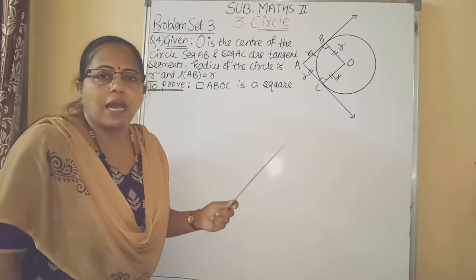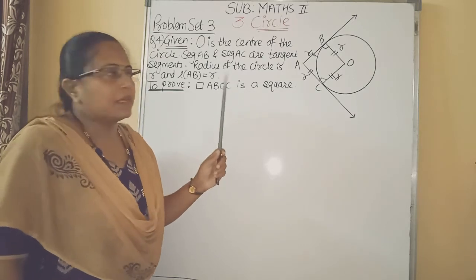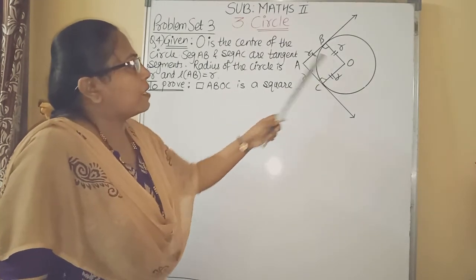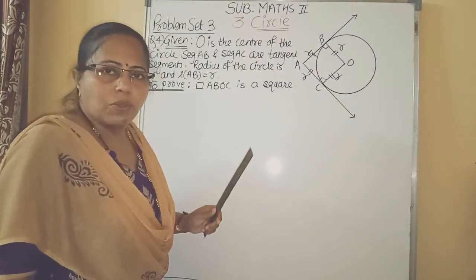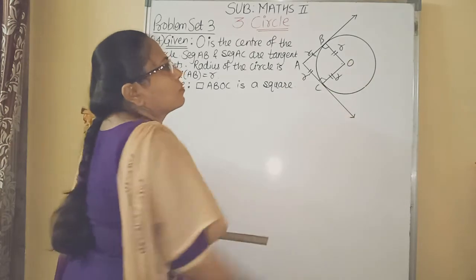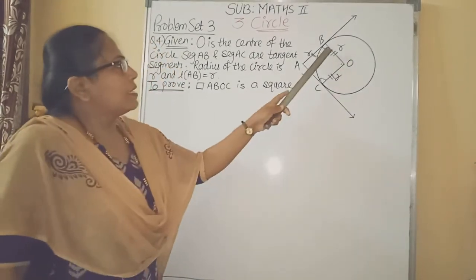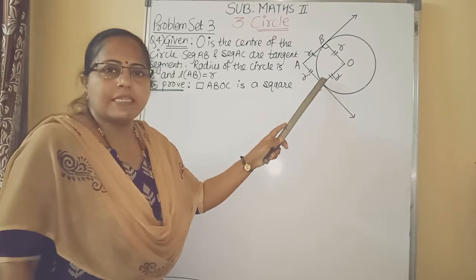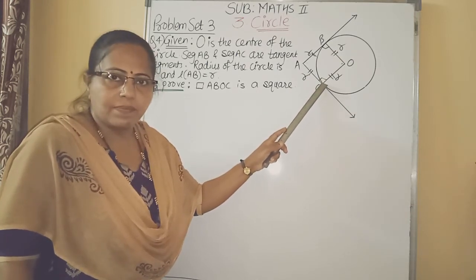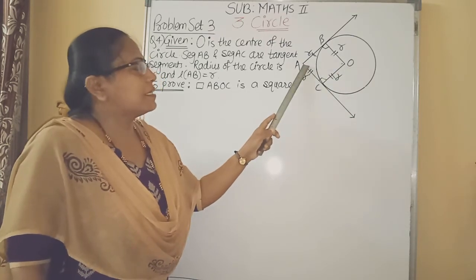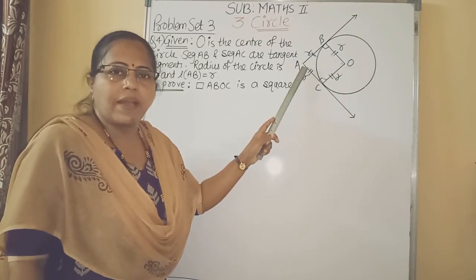We know the property of rhombus. Opposite angles are congruent. So the remaining opposite angles, angle A and angle O, are also congruent. The sum of these two opposite angles, 90 plus 90, is 180 degrees. And the sum of these two opposite angles is also 180. Why?